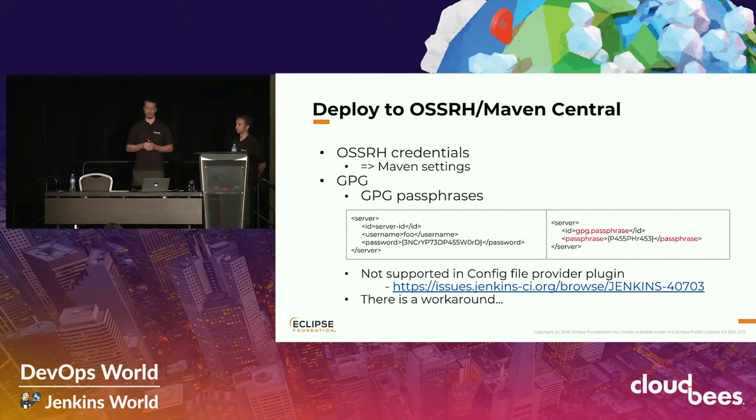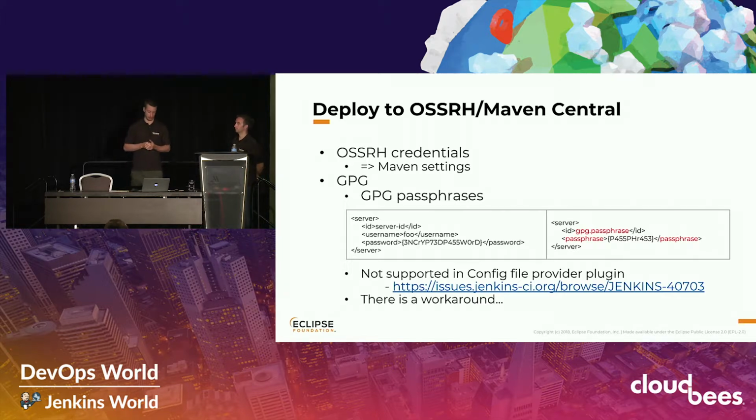But we also have the requirement for our projects to deploy to Maven Central. I don't know if anyone has done that before, deployed to Maven Central via OSSRH. Anyone? For those who don't know, OSSRH is a service provided by Sonatype.